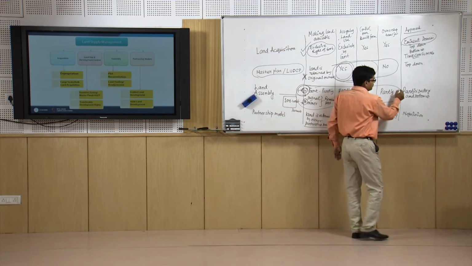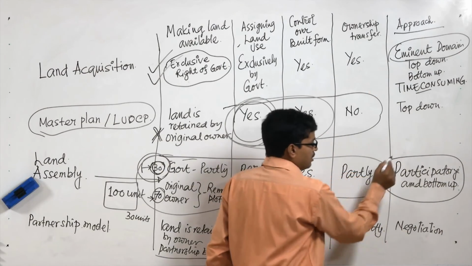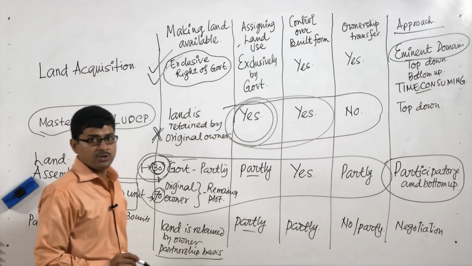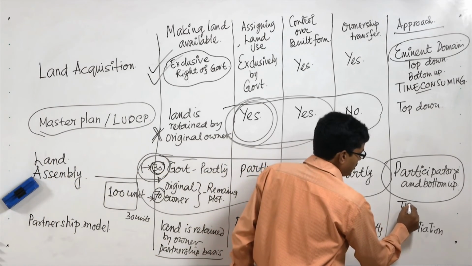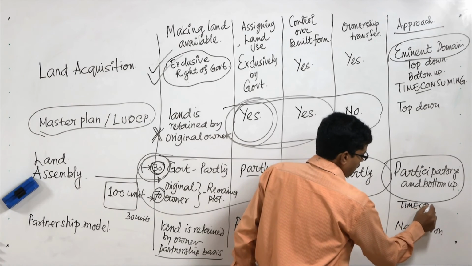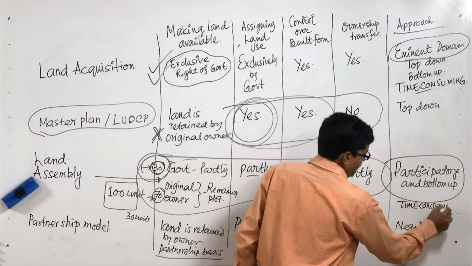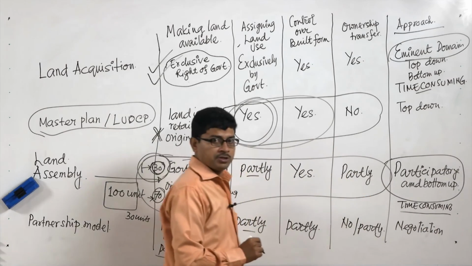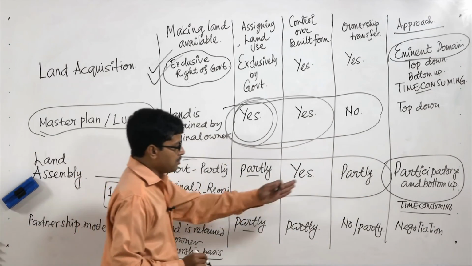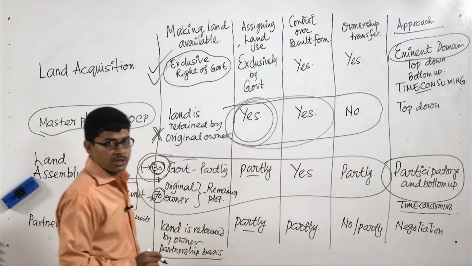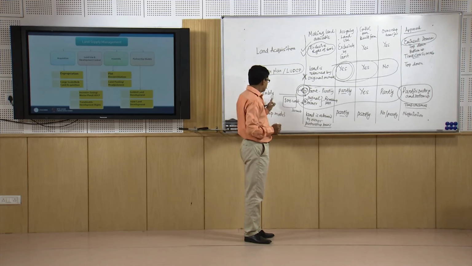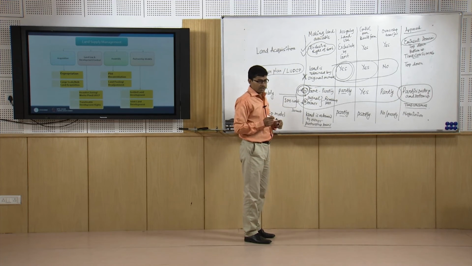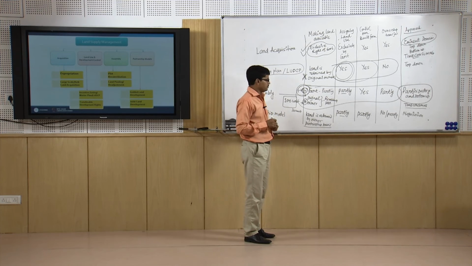At the same time the approach is participatory, and it is not a very stringent approach, though it is very much time consuming. But since it is a participatory bottom up approach, it ensures effective land distribution between government and private. That is why this plot reconstitution approach, which is termed as town planning scheme or land readjustment, is very famous and popular in some of the states.